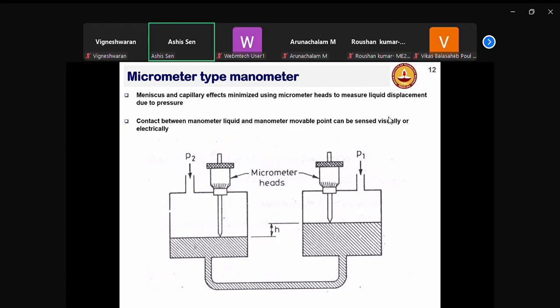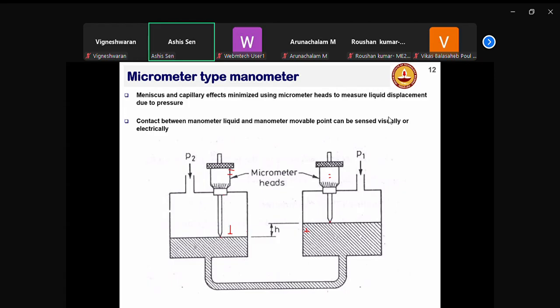Now, initially your tip will be touching the native interface. Let's say the native interface was somewhere here. So now the tip would move from this location to this location. So you can precisely measure by how much you have to move the micrometer head down. This micrometer head will move up, right? Initially it was here, now it has to move here. So it has moved up. So you can again precisely measure here how much it has moved up. So there you can have a better measurement, right?